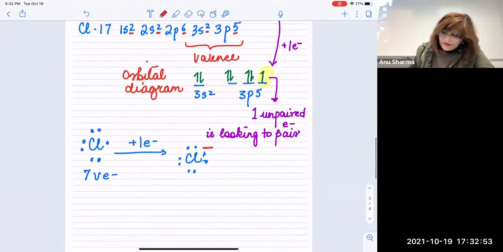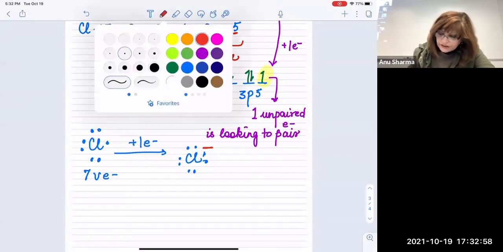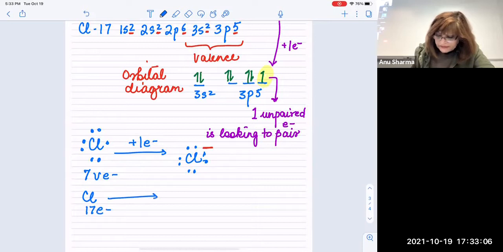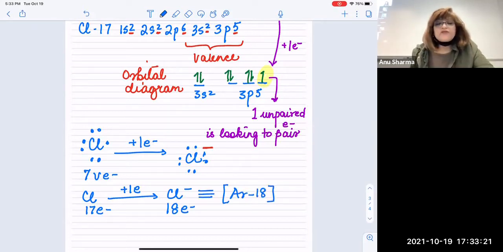Okay, so now the electronic configuration is going to look like 1s2. So chlorine initially had 17 electrons, right? And then when it takes 1 more electron, it becomes the chloride ion, which has 18 electrons. And now it begins to look like argon. Argon has 18 electrons.